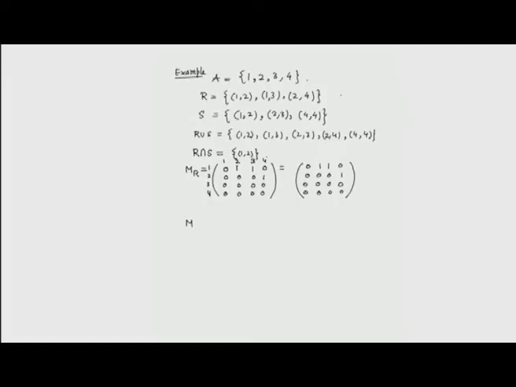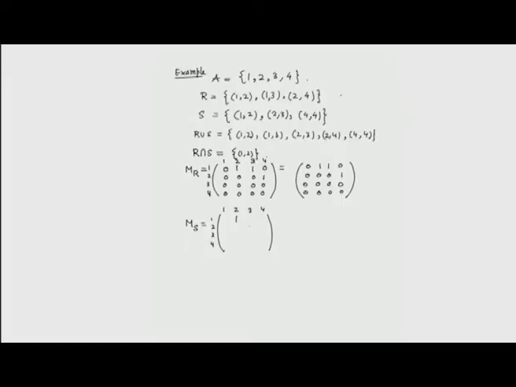Now, let us find out the matrix corresponding to M s. Again I have to label first 1 2 3 4 and 1 2 3 4, and if I write like this, then in M s 1 is related to 2. So, I will put a 1 over here, and 2 is related to 3.